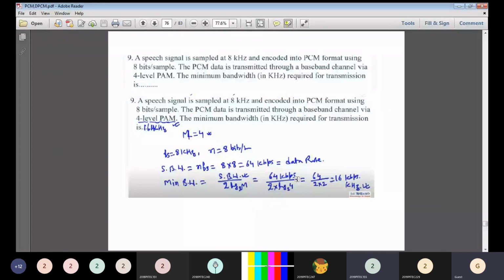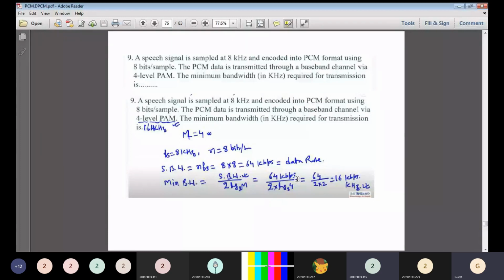So here we'll have n into fs, 8 into 8, that is 64 kilobits per second data rate.